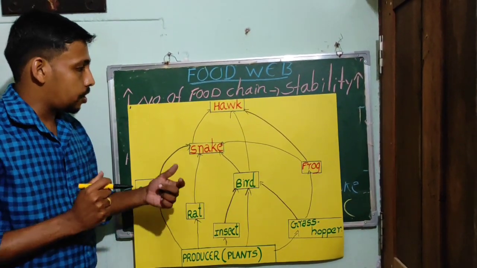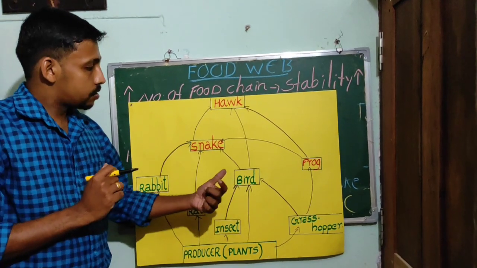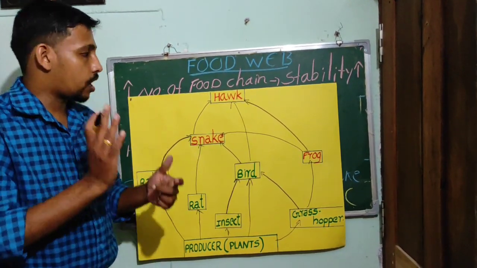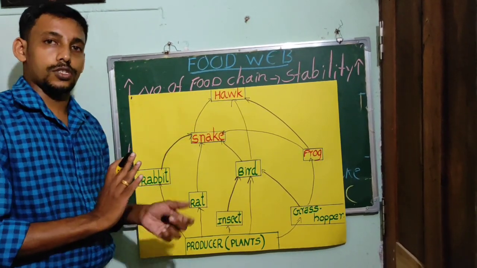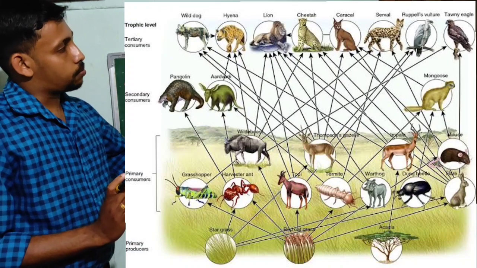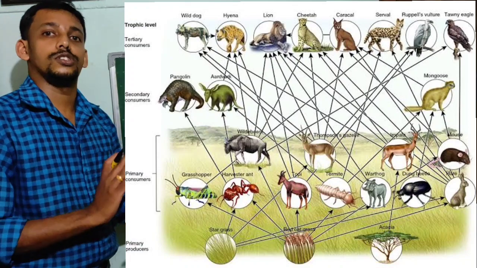That means the elimination of one type of species, one trophic level, does not affect the entire ecosystem. So the more the number of food chains, the more stable the ecosystem is.